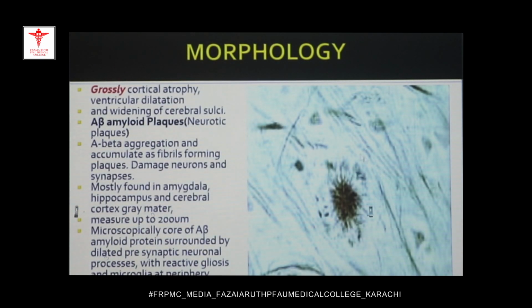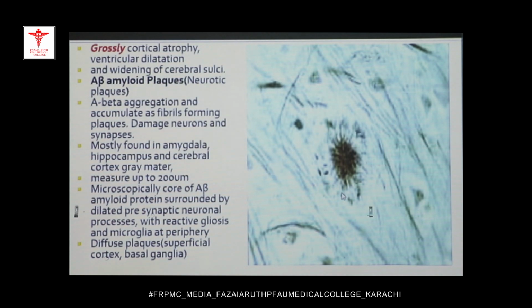Now if you see the morphology, this accumulates as plaques known as neuritic plaques or A-beta amyloid plaques. In the center there is accumulation of this A-beta amyloid surrounded by dystrophic neurites, and this structure is found in different parts of the cerebral cortex, mainly in the gray matter.